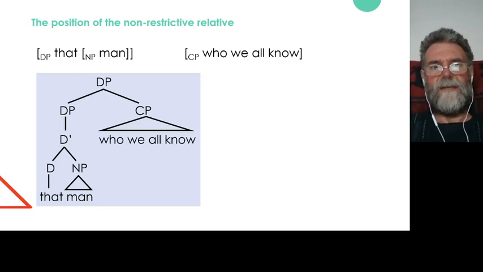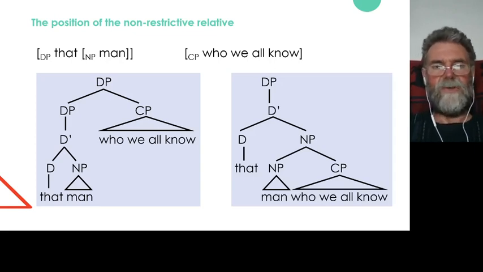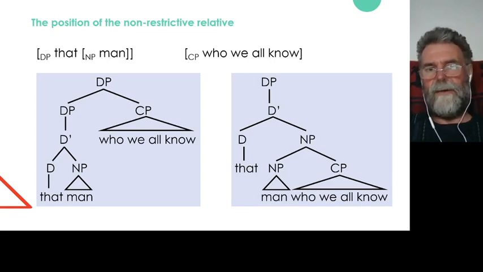Either we could say that the relative clause is adjoined to the whole DP, so in that case it's stuck there at the top of the whole phrase, or we might say that it's adjoined lower down inside that phrase, adjoined to the noun phrase, and it would have a structure like this. Both of them are going to produce the same word order, that man who we all know. So it's difficult to tell just by looking at it which one of these is correct.